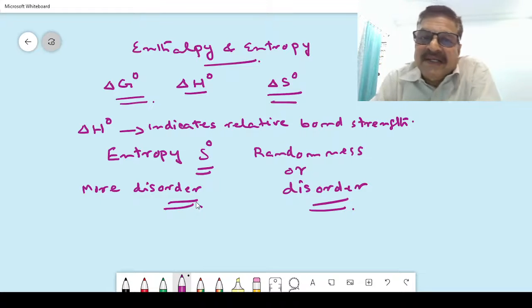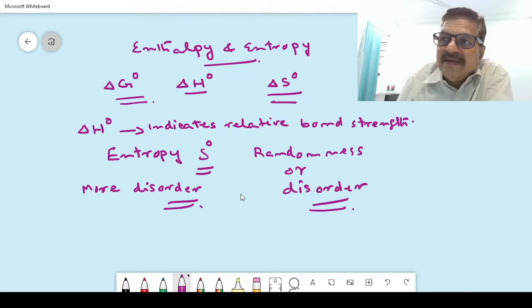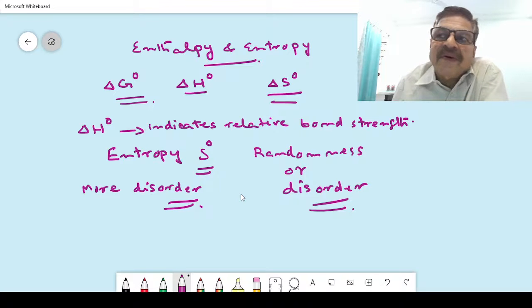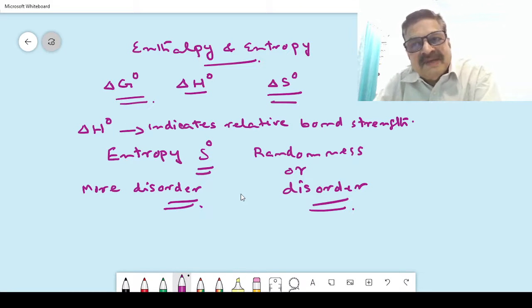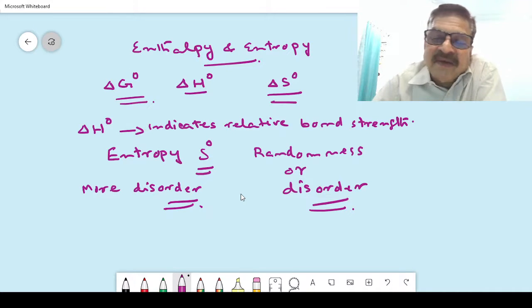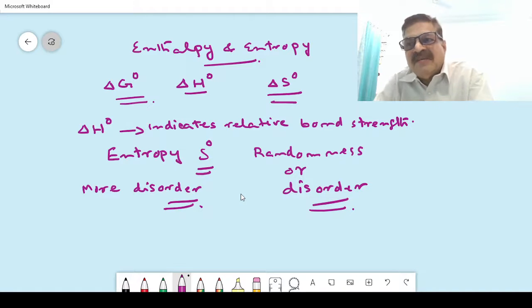Now the entropy change, delta S. Delta S is a change in the amount of disorder or randomness between the products and the reactants here. Delta S positive means the products are more disordered than the reactants. That is, the randomness is more, the freedom of mobility is more.